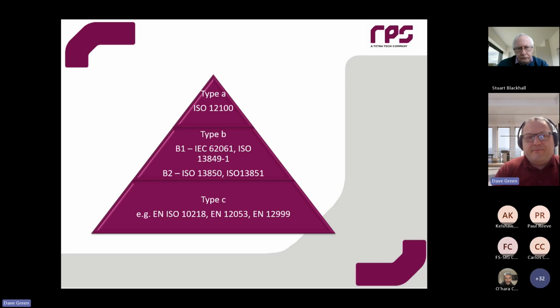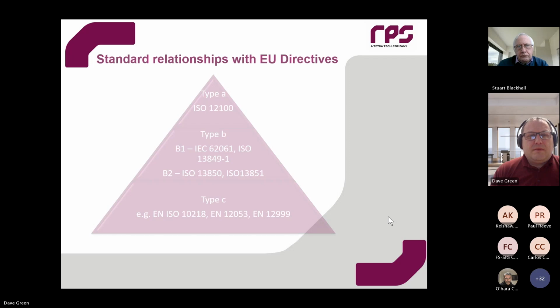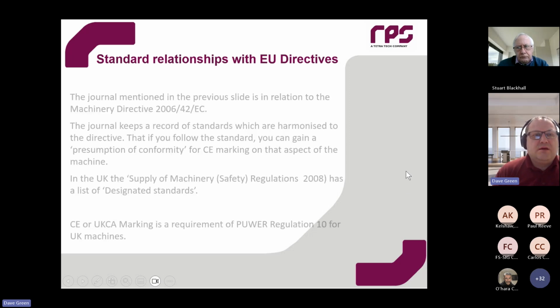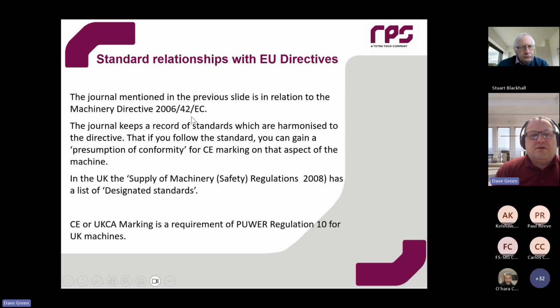A brief mention with regards to relationships with EU directives, and I will mention the UK position as well. So there's a journal available, and it is in relation to the Machinery Directive 2006/42/EC, and the journal keeps a record of the standards which are harmonised to that directive. And what does that mean?